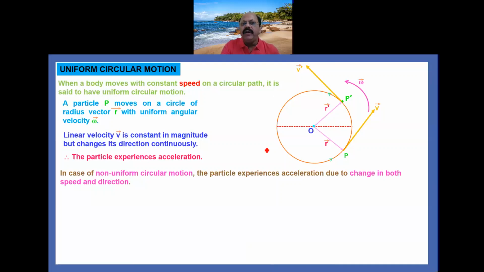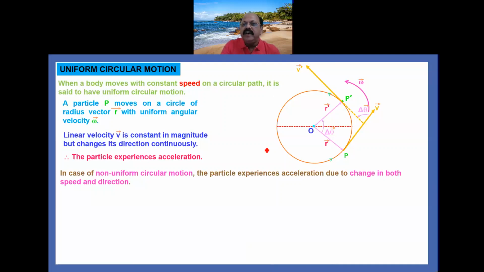In case of non-uniform circular motion, the particle experiences acceleration due to the change in both speed and direction. But in uniform circular motion, it experiences the acceleration because of change in direction.